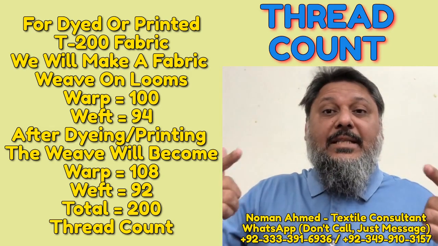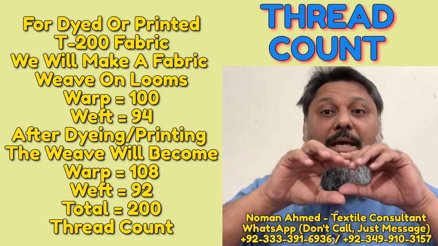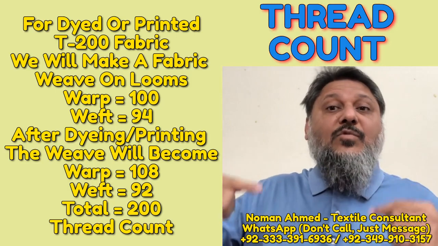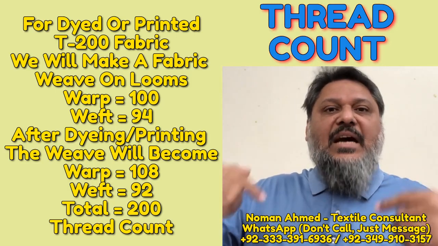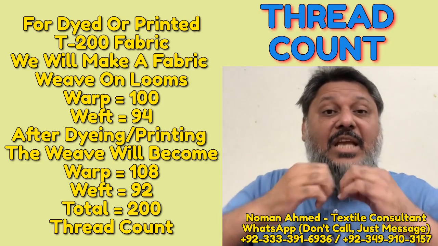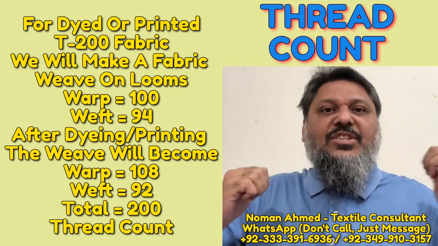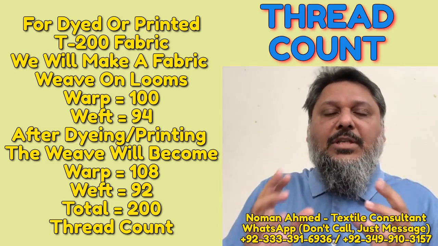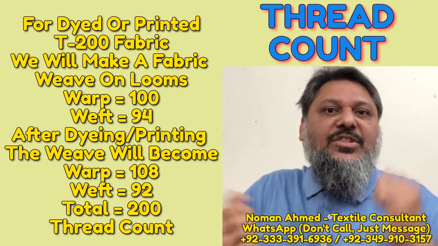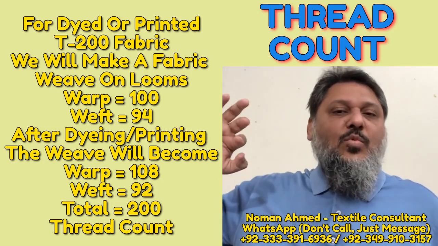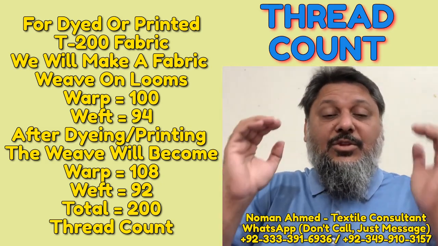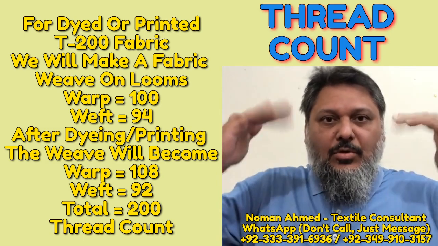If we get 110, then why are we using 94 in the horizontal direction? Because when it goes through bleaching, dyeing, finishing, and every stage, the fabric stretches, and there's a thing called elongation. Elongation means it stretches. So the threads in the horizontal direction stretch and the count goes down.